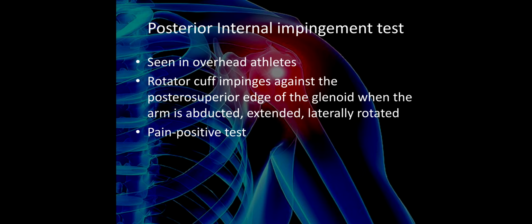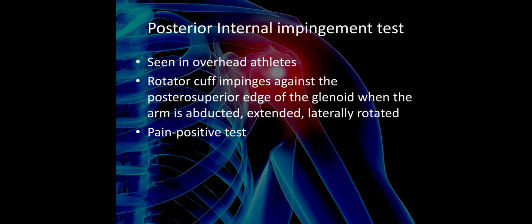Please remember the arm is in the abducted position, then we have to extend the arm and then laterally rotate it, and this kind of posterior internal impingement is most commonly seen in overhead athletes.